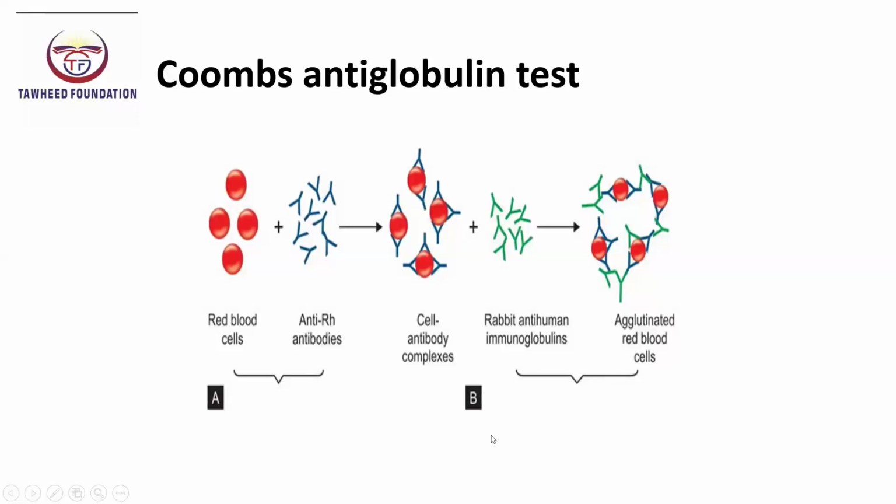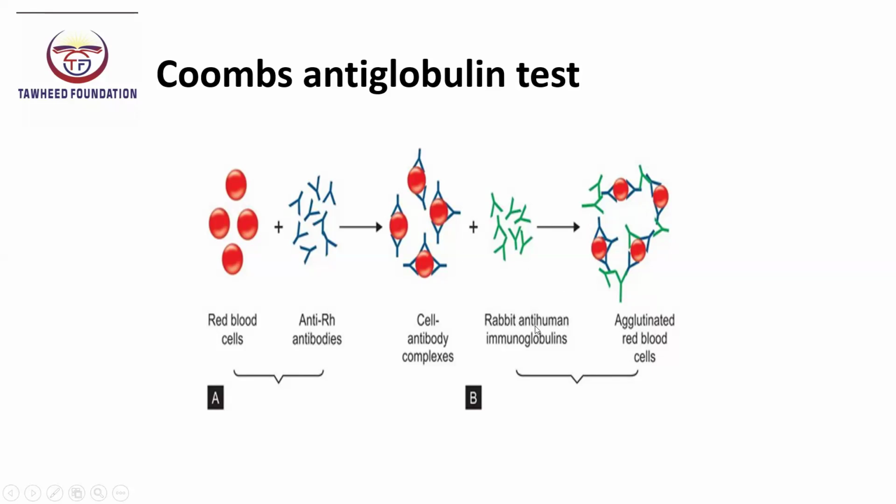In part B, to detect these bound but non-agglutinating antibodies, we add anti-human globulin antibodies, that is Coombs reagent, which are usually prepared in rabbits. These anti-human antibodies recognize the Fc portion of human IgG antibodies already bound to the RBCs.